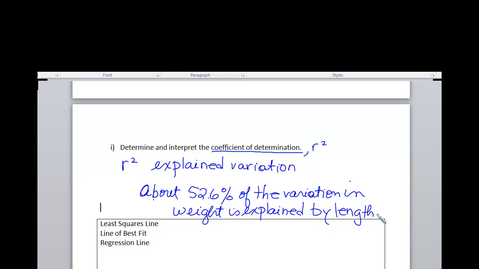Okay? And so that means that about 48% is unexplained.